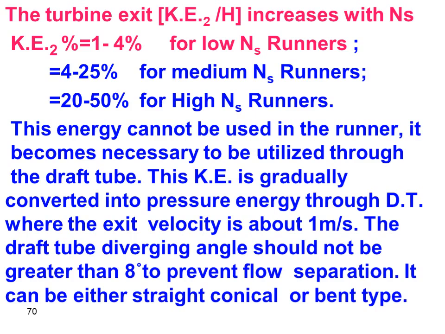The energy at exit cannot be used in the runner, but it can be utilized through using the draft tube. This kinetic energy is converted in the draft tube into a pressure energy with lowering the velocity at the exit.